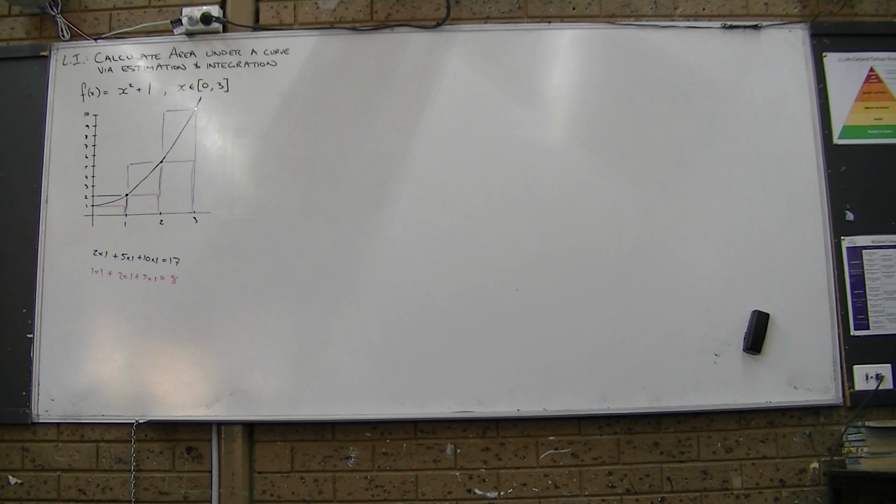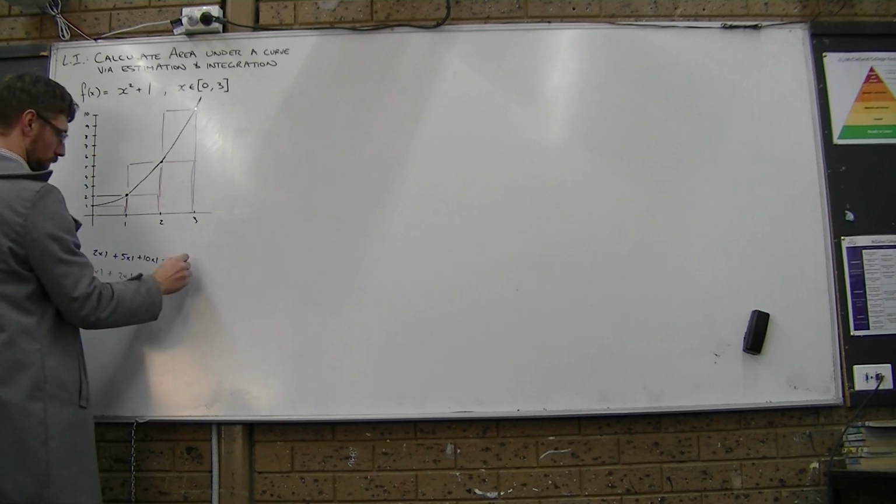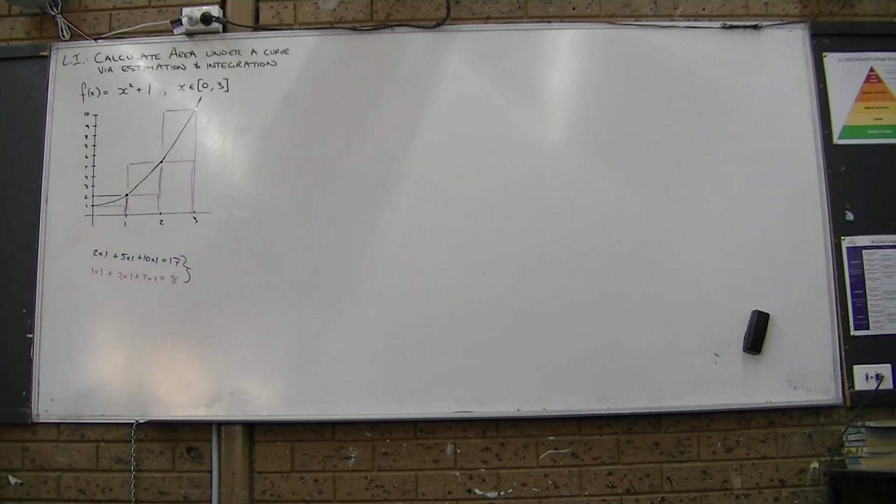In between those two, okay. How do I go in between those two? 17 minus 8, all over 2, and then plus 8.